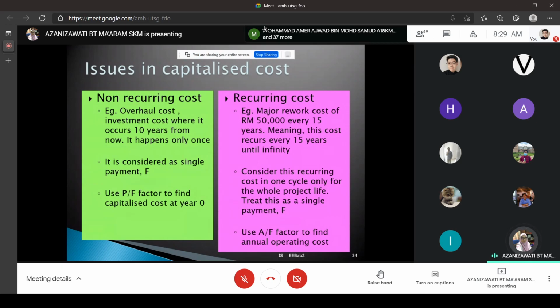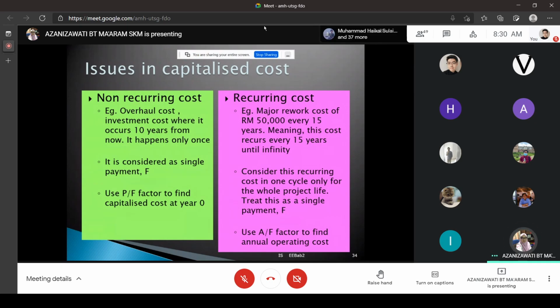Then after another 15 years, at year 30, we will draw another 50,000. And then at year 45, we will again withdraw 50,000 ringgit. So we consider this recurring cost in one cycle for the whole project life.